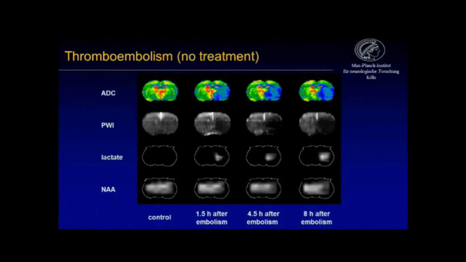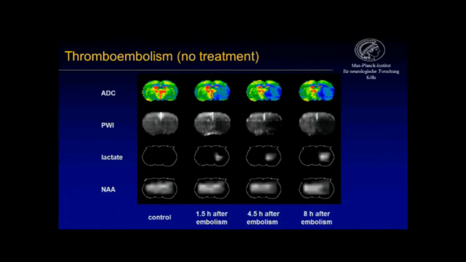We can use a different model. As I mentioned earlier, we can produce blood clots, inject them through the carotid artery, and observe what happens. This is shown here, and basically it shows a similar situation. When we look at the ADC images, we see a large lesion, but then this expands a little bit, but most of it has happened, as we have already seen from the earlier curve, within the first 2 hours or so.